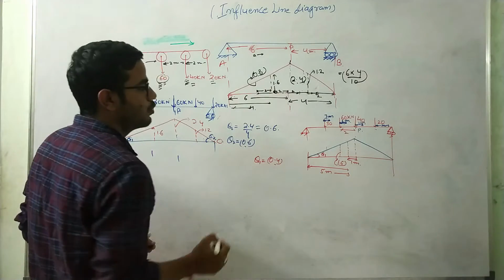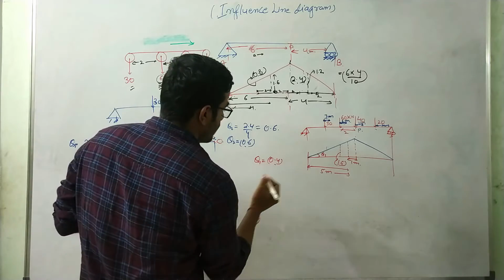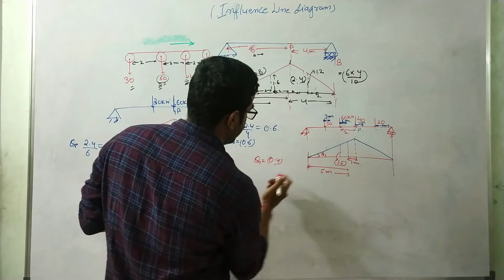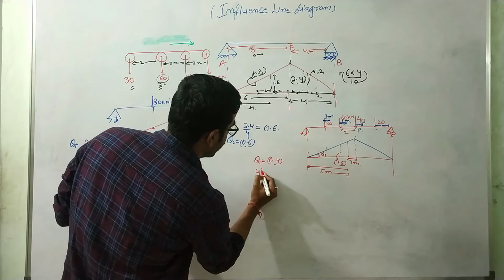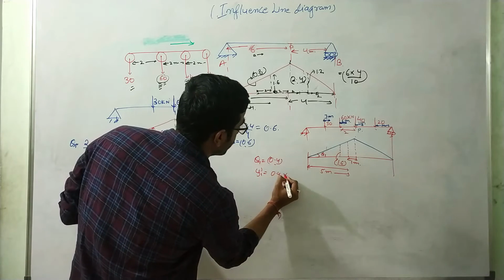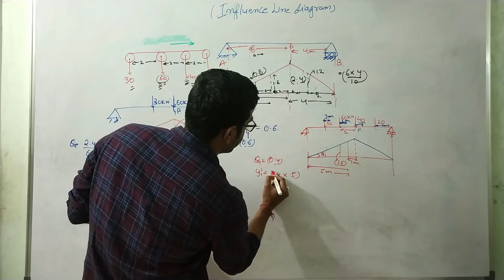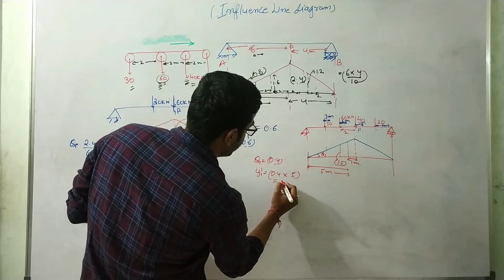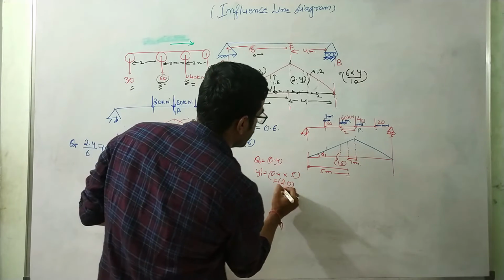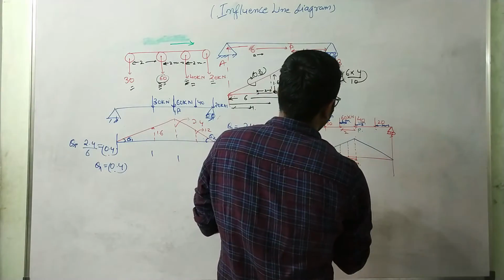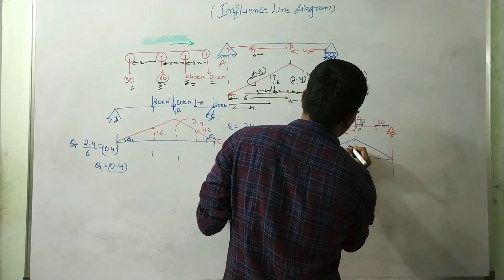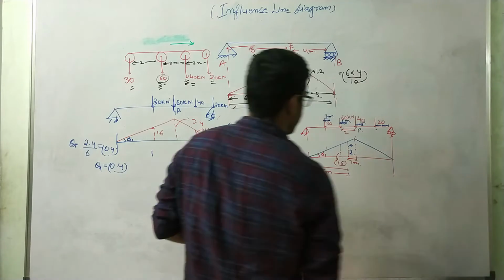Initially it was 4 meter, now it becomes 5 meter. So if θ1 equals 0.4, then this ordinate, I am denoting by y1 dash, equals 0.4 into 5. So the value comes out to be nothing but 2. So when the 60 kilonewton load moves by 1 meter, this ordinate value is nothing but 2.